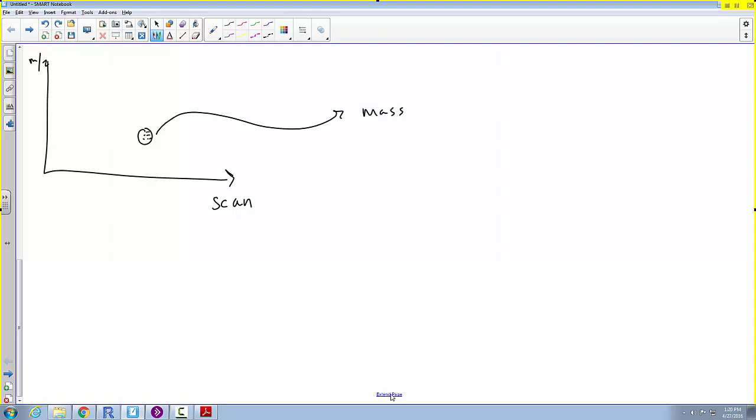We extract the MS/MS fingerprint for that. And then we compare it to the database.